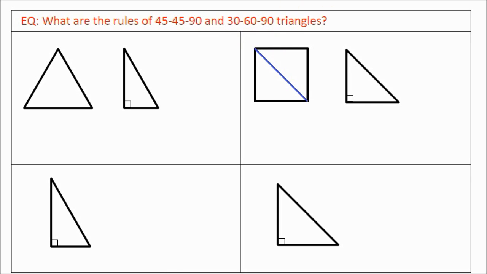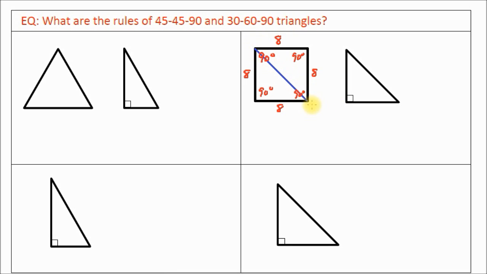Because we know that the angles of a square are 90 degrees, and we know that the sides of a square are congruent. Let's just make up a measurement here. Let's say that all the sides of this square are 8 units long.